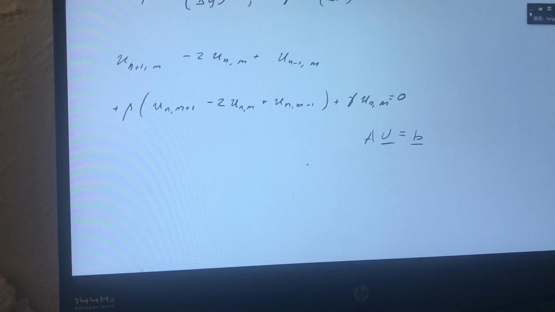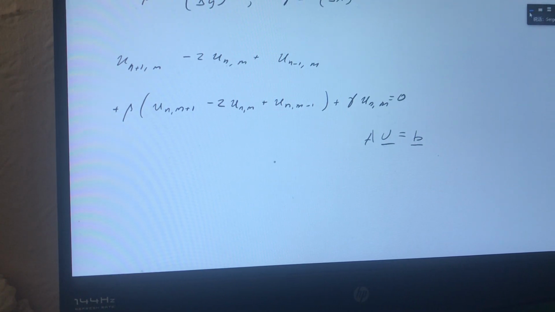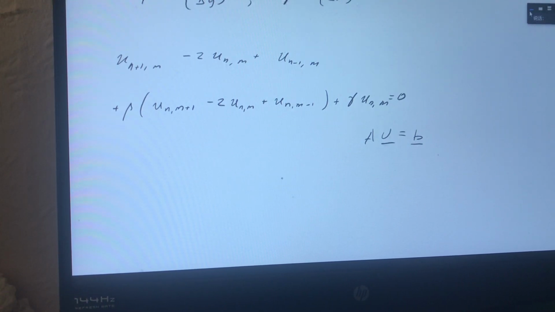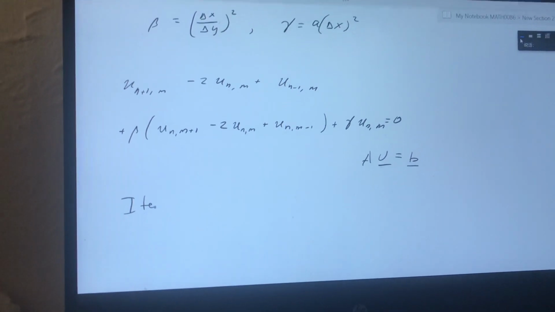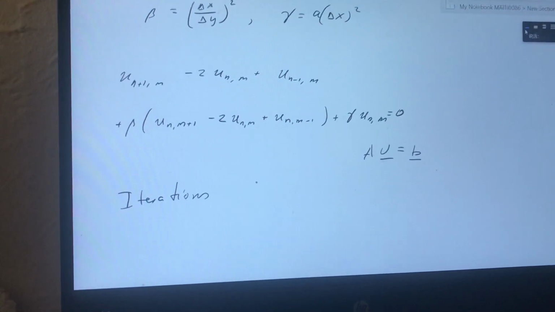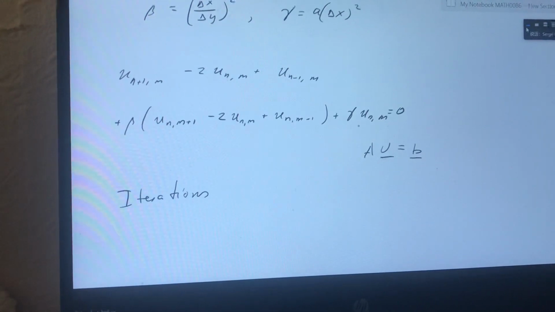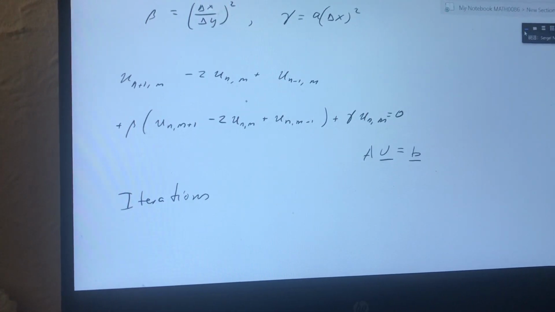One standard approach to a system of this kind that appears in elliptic equations is to arrange iterations by focusing on the u_n,m values that appear everywhere in here.